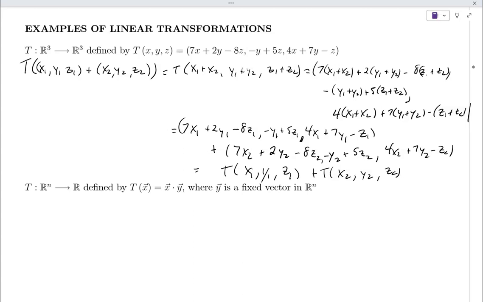To show that the constant pulls out, we can do that really quickly. Notice that if I have the transformation of c times x1, y1, z1, the first thing that we can do is distribute the c to each of the components, right?